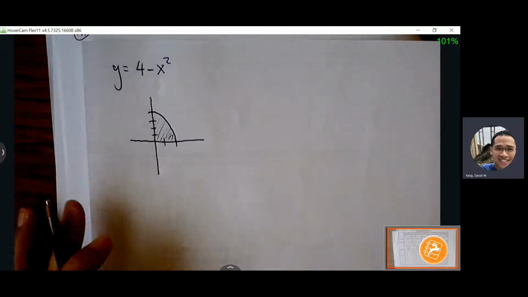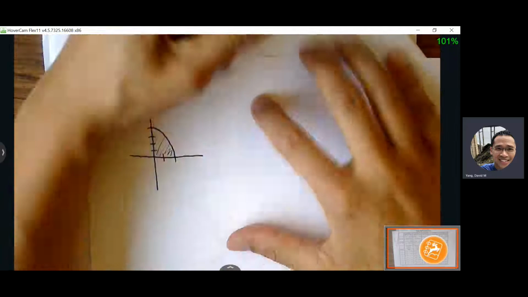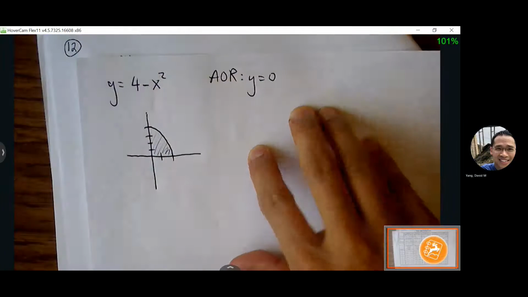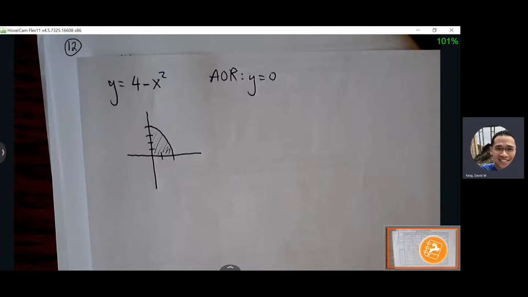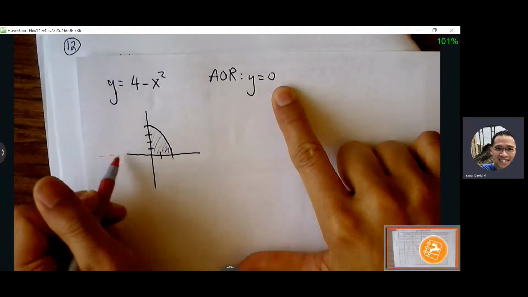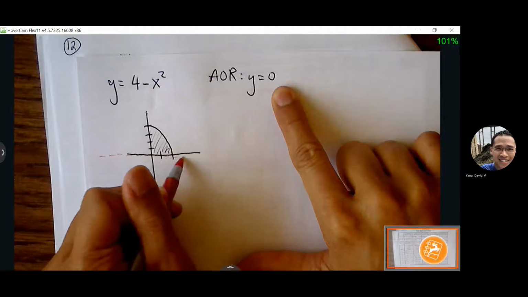All right, so let's say we are rotating around y equals 0. The first decision we have to make is, are we dealing with washer method or disk method? And we have to draw our dotted line. Our dotted line in this case is going to be right at the x-axis.